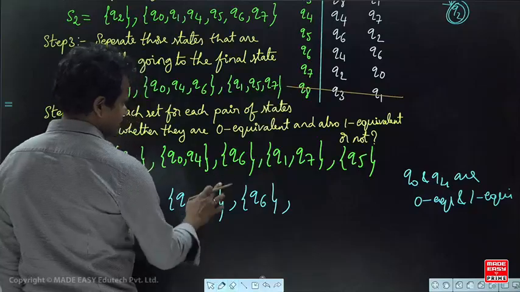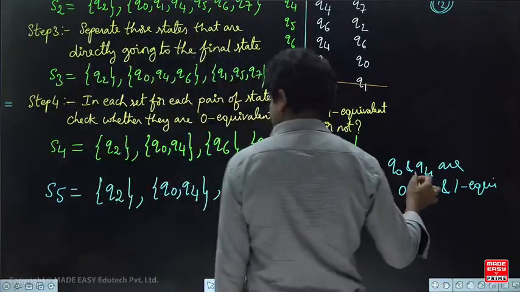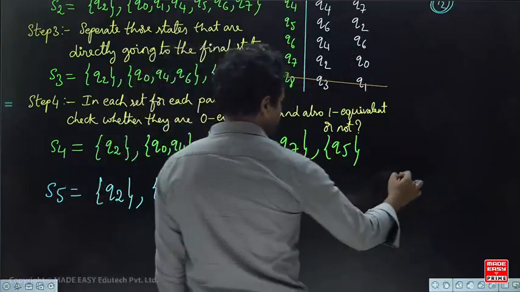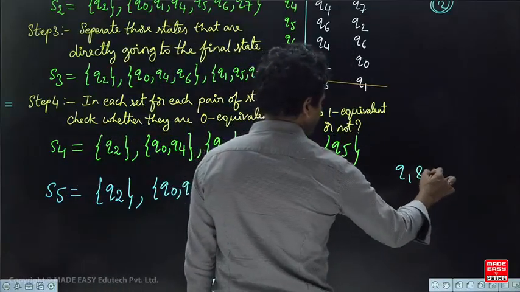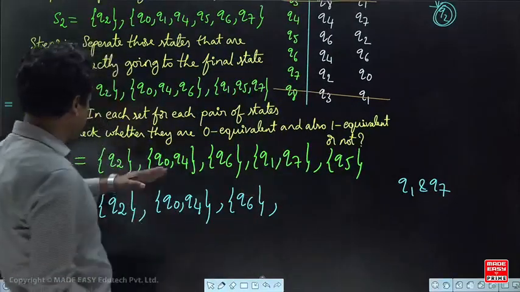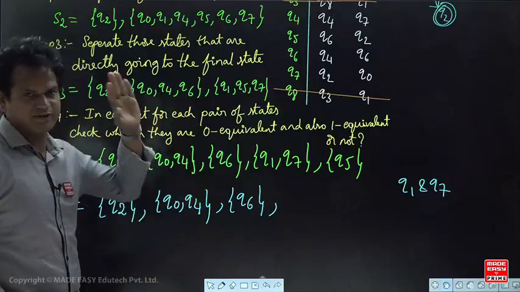Q6 is already single, so I am checking Q1 and Q7. Whenever you are writing S5, you check S4. When you are writing S6, you check S5.